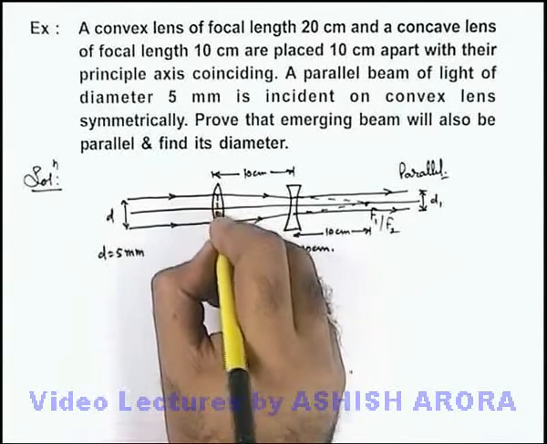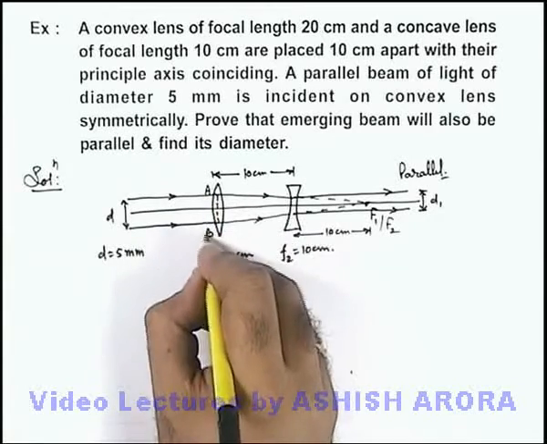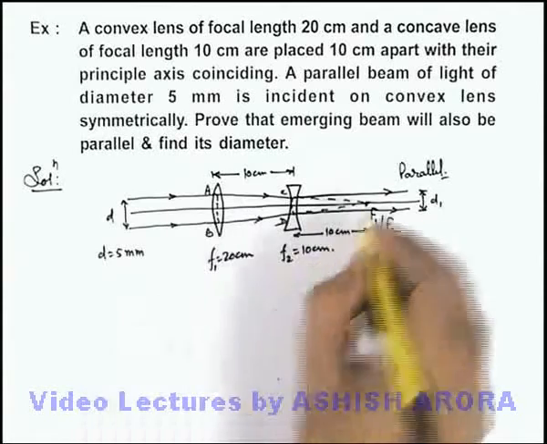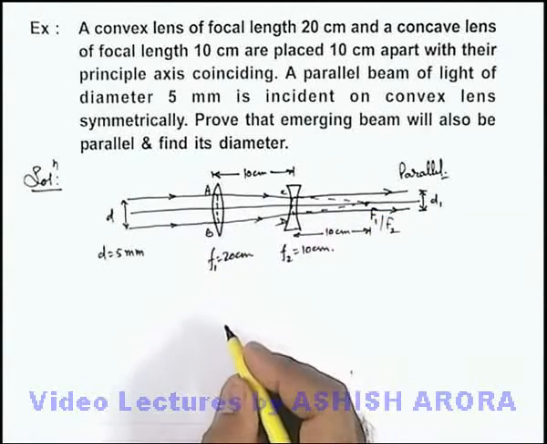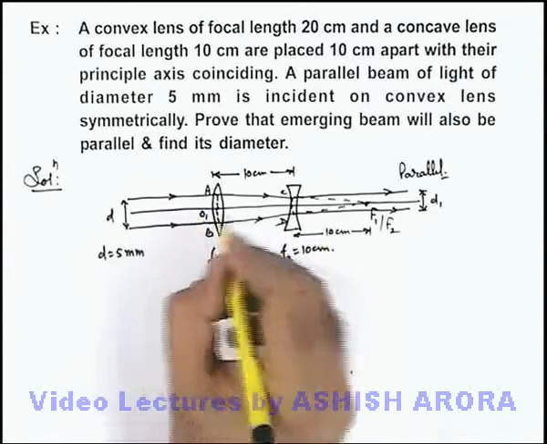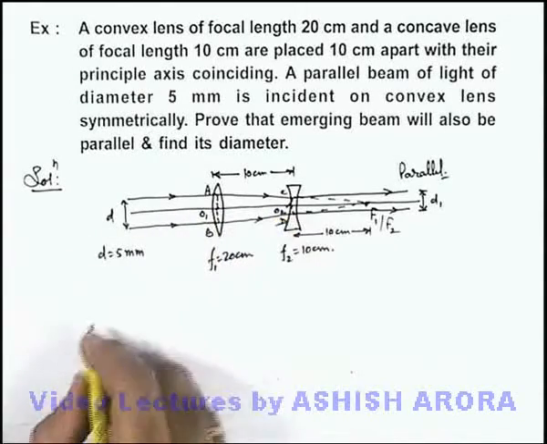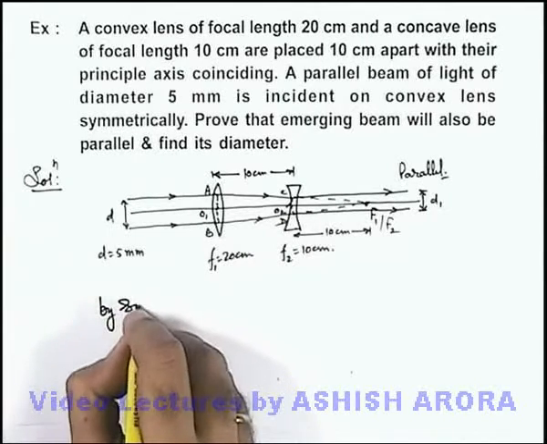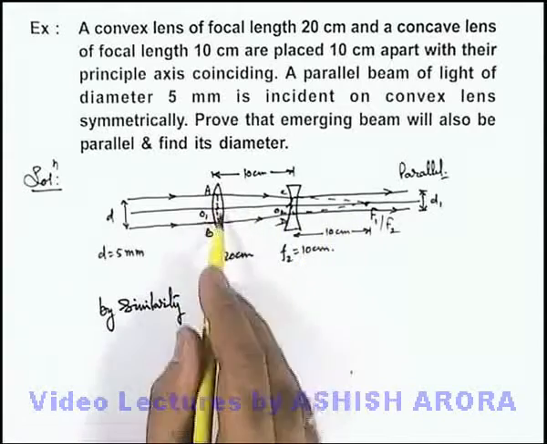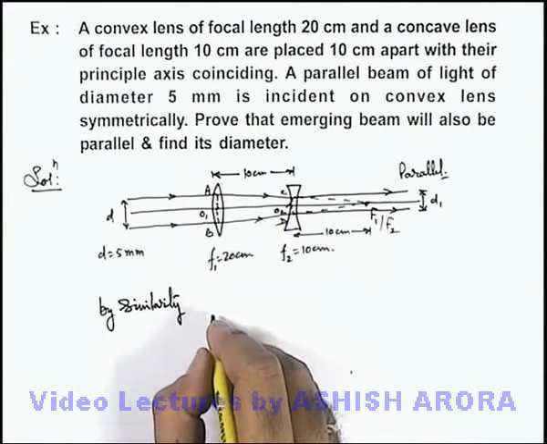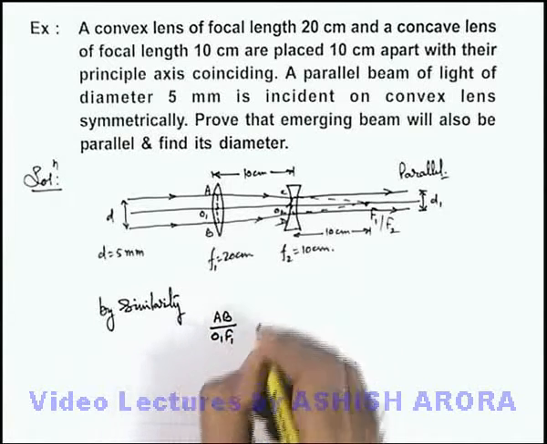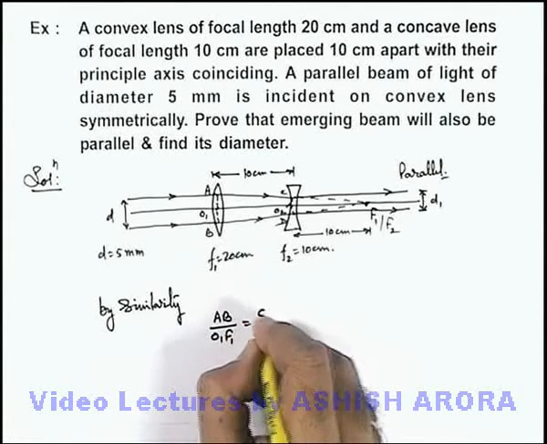So here if this distance we consider as AB, and this distance of beam we consider as CD, and this focal point is F or F1 or F2, and the optical centers for the two lenses are O1 and O2, then here we can write by similarity of triangles.